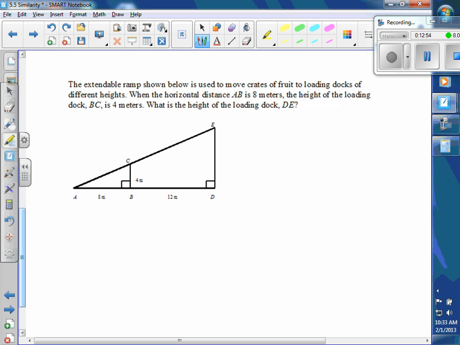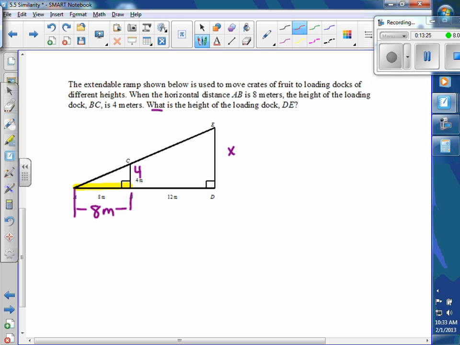Okay, so when the horizontal distance, AB, that's this, is 8 meters, that's from here to here, the height of the loading dock is 4 meters. The question is, what is the height of the loading dock DE? So we want to know what X is.